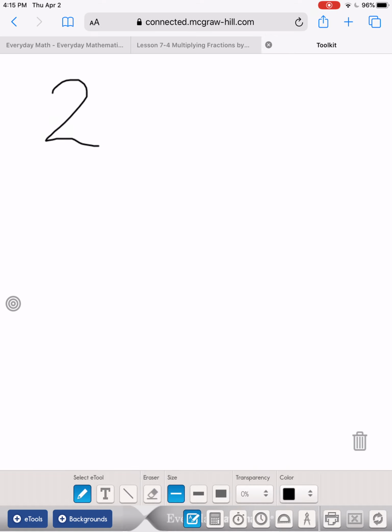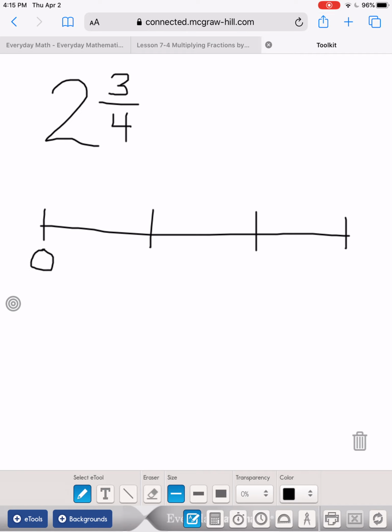All right, so what if I had 2 3/4? Okay, 2 3/4, if I had to plot that on a number line, okay, so 0, 1, 2, and 3, and I'm just going to make the halfway marks, okay?